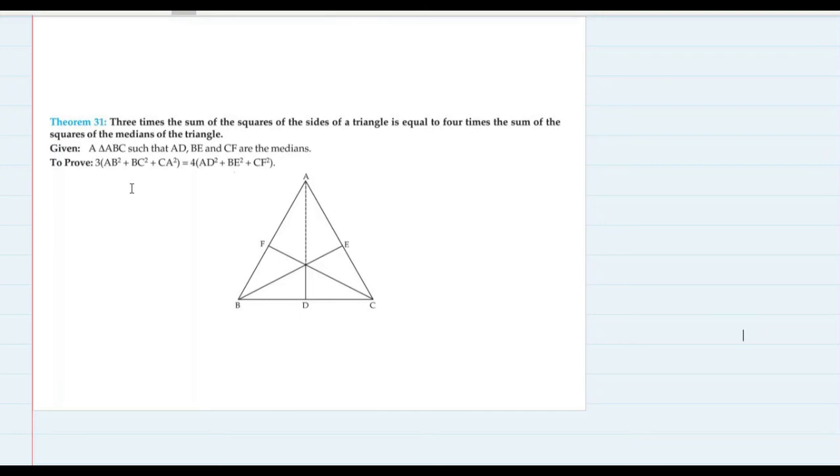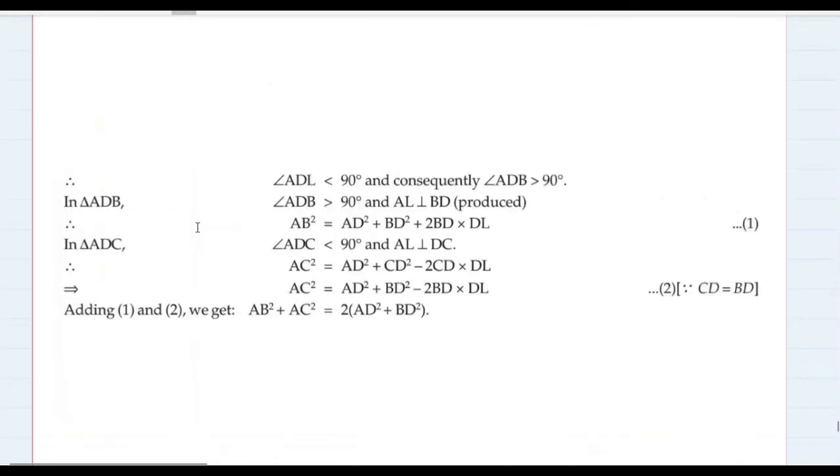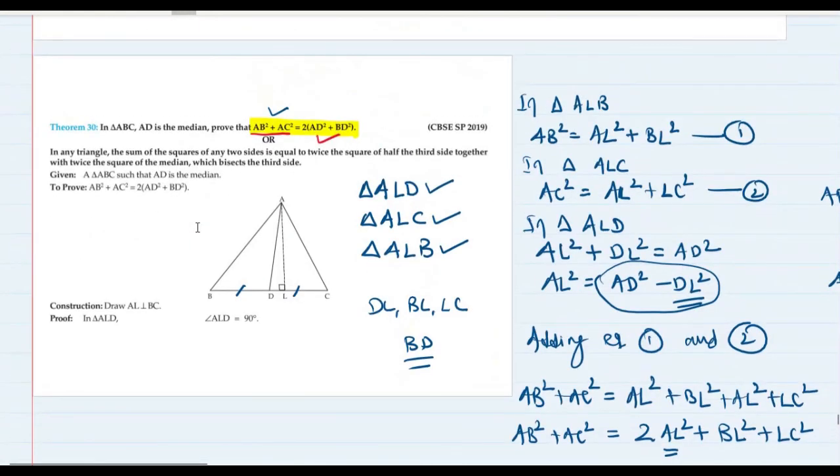In this there is absolutely no construction possible, because where will you draw the altitude? It will become more and more complicated. But what you can do is use the previous theorem.